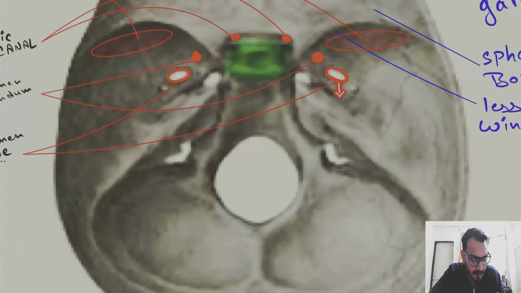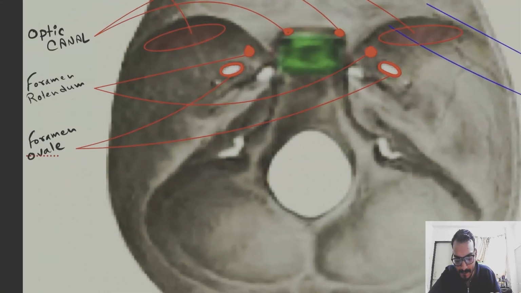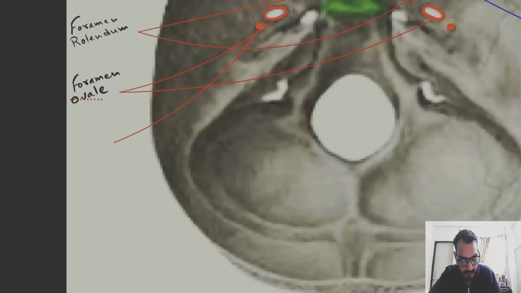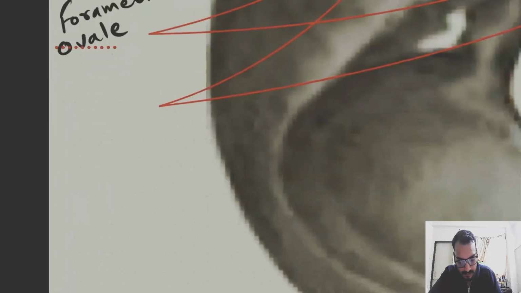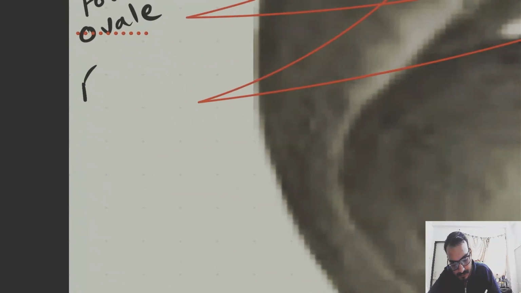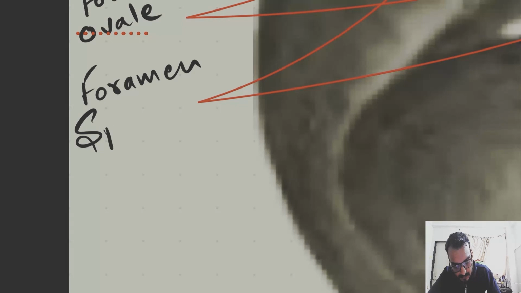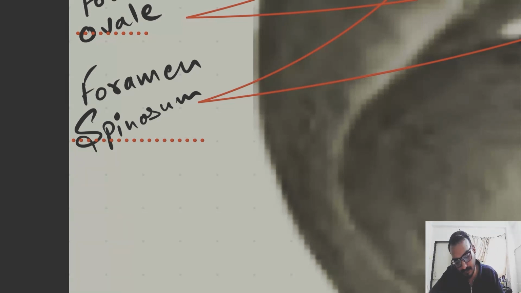This foramen is known as foramen spinosum.